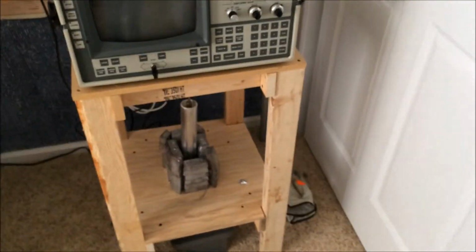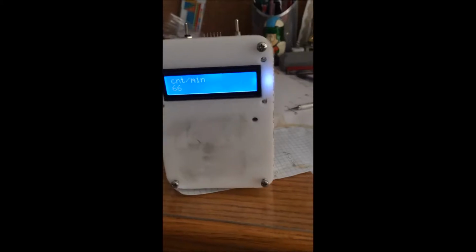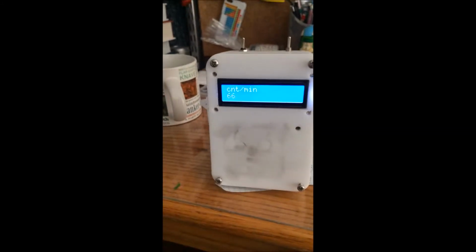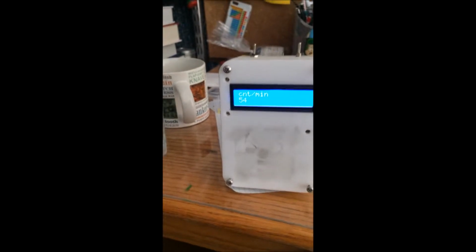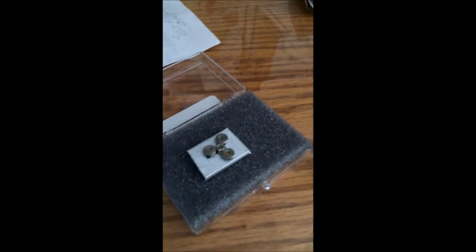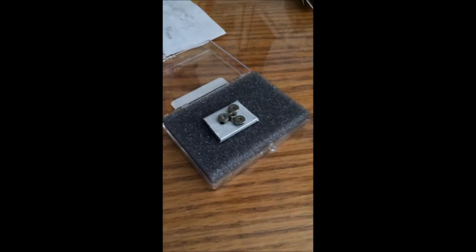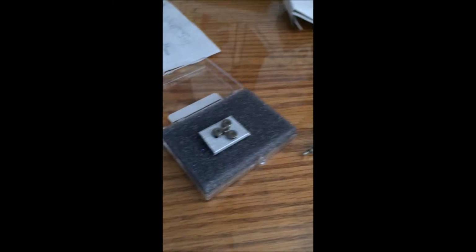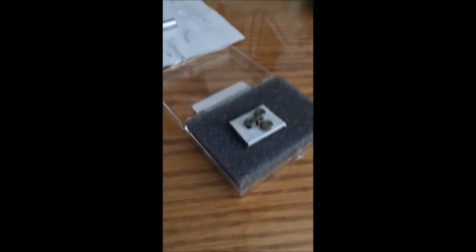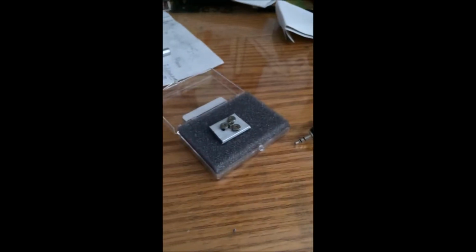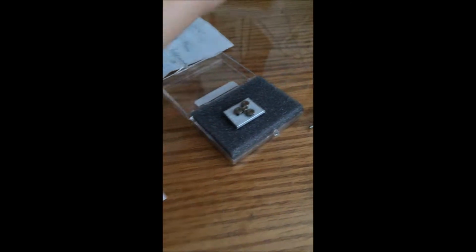So to do this experiment, we need a relatively high, or at least reasonable, activity alpha source. I have over here 4 of these americium buttons that I took from smoke detectors, and each of those is roughly 0.8 to 0.96 microcuries, so I've got between 3 and 4 microcuries there, which is relatively high activity.